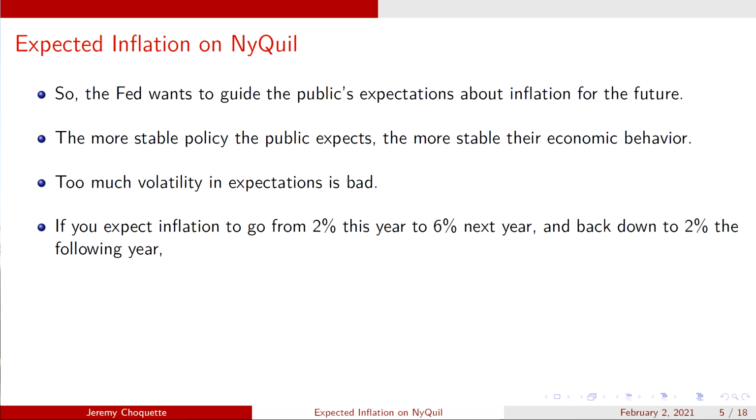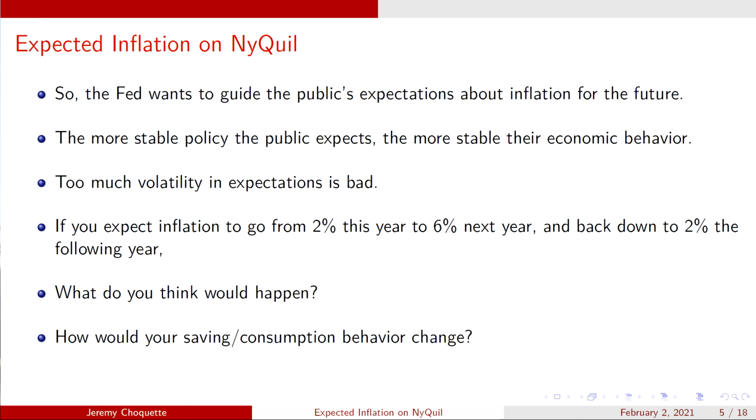Because, like I said, if you expect inflation to go from 2% this year to 6% next year and then back down to 2% the following year, what do you think would happen? How would your saving and consumption behavior change? Remember, if the interest rate goes up, you're going to want to save more and consume less. If the interest rate goes down, you're going to want to consume more and save less, right?